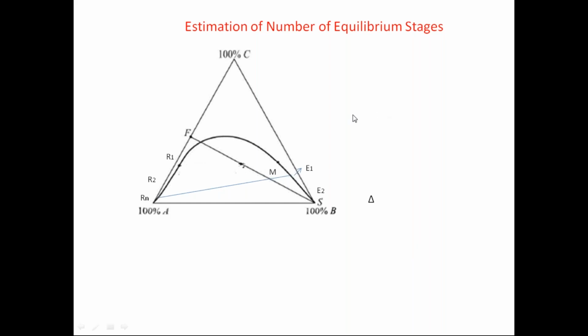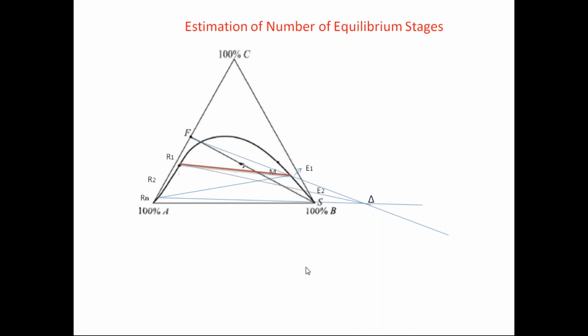Once you get the E1 point, now the delta point you have to obtain because it is common to all the stages. You will get it by drawing two lines. F and E1 can be extended, and Rn and S can be extended such that delta is obtained. Then E1 will be equivalent with R1. So draw one tie line between E1 and R1 so that on this side R1 will be obtained.